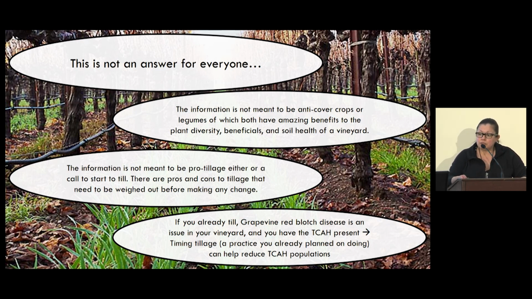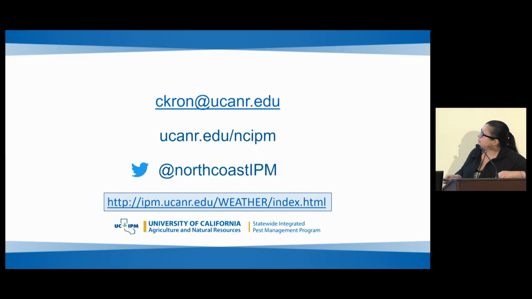So there's a lot we're still learning in research, and there's a lot we still need to know. But with what we know so far, that this insect can acquire and vector, and if you have, like I said, these three things where you have grapevine red blotch in your vineyard, you have three-cornered alfalfa hopper, and you have hosts in the ground cover, and you're already going to till, timing your tillage could be really helpful in reducing populations.